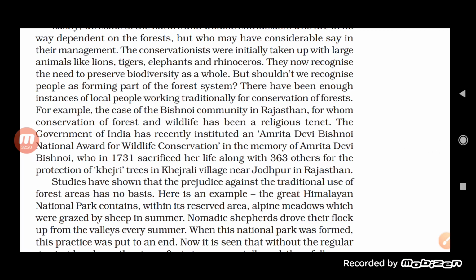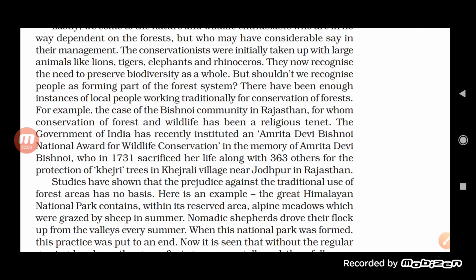A lot of things have been done regarding that, students. A lot of local people started conserving their wildlife and their plants, due to which came a lot of andolans like the Chipko Andolan, or even the khejri trees, which were protected by the people of Rajasthan.